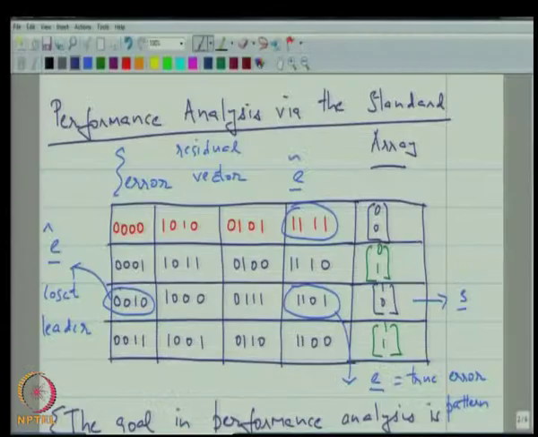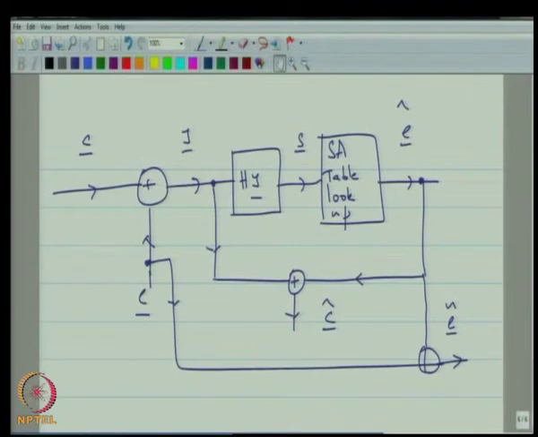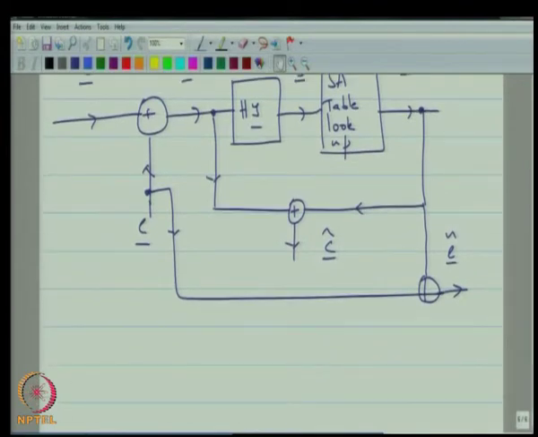I know that the residual error vector is always the vector at the head of the column. So, I look at the table, and you see that the only place where the residual error vector is 0 is at the head of the first column. So, the only error patterns that the code is able to correct are precisely the coset leaders. Okay.